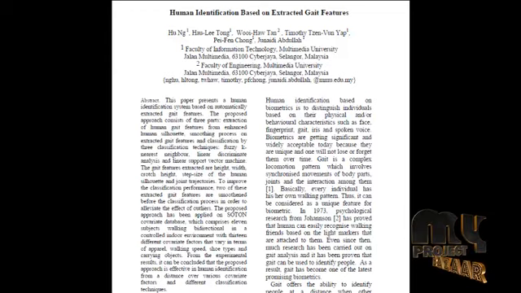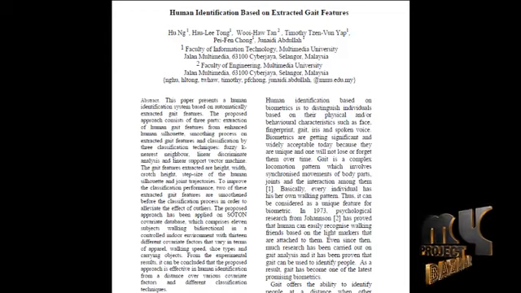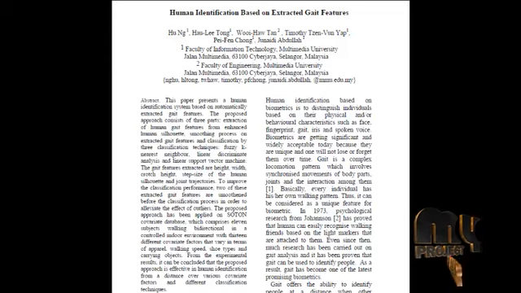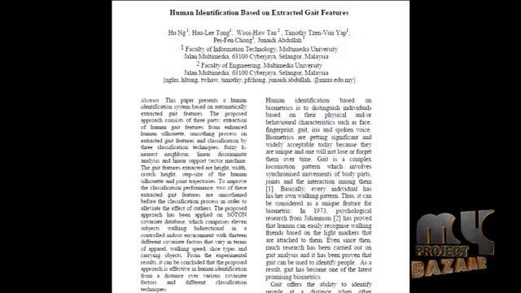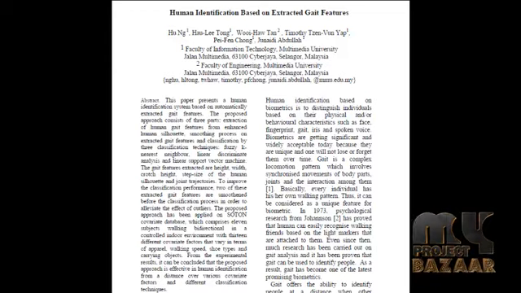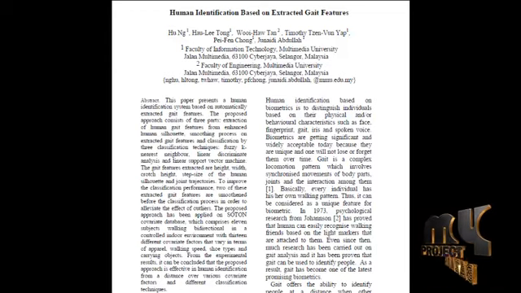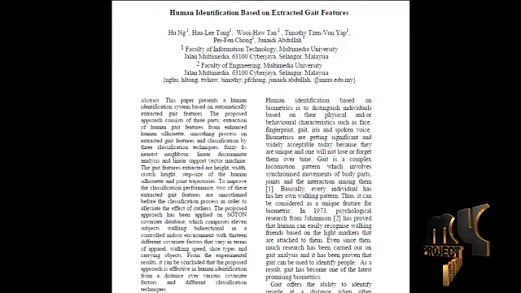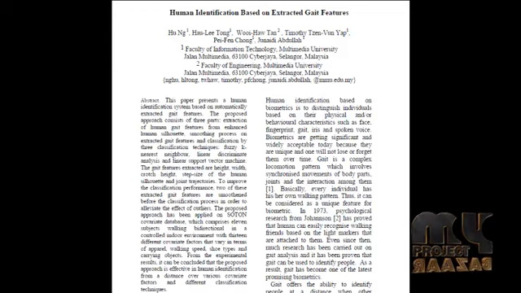We use the CASIA-B database to perform this process. Silhouette images are collected and processed. In this project we perform feature extraction by PCA, that is principal component analysis, and we also perform DCT, that is discrete cosine transform feature extraction, and the fused features are used for classification.